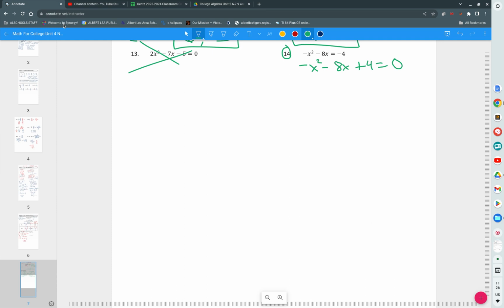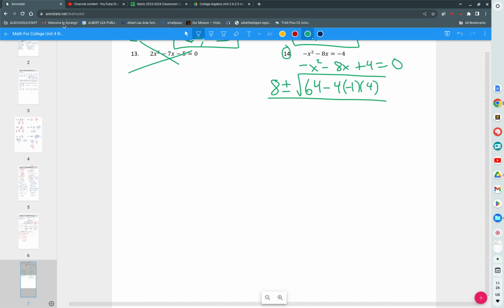And the quadratic formula says negative b, which is 8, plus or minus the square root of, what is b squared? 64 minus 4 times the a value, which is negative 1, and the c value, which is positive 4.